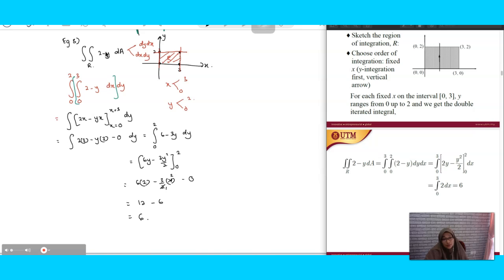So to make it easier, you have to integrate with respect to y first. In the next example, I can show you how to determine which order of integration suits the given integrand, or which is easier to solve, integrating with respect to y first or x first. Okay, I will show you some examples in the next video.